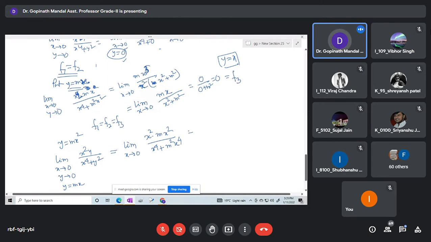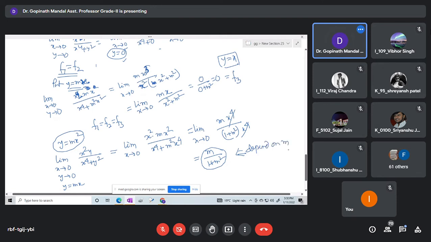So limit x tends to 0, mx to the power 4 over 1 plus m squared x to the power 4. So the limit is m by 1 plus m squared. Now in that case, y equal to mx squared, the limit depends on m.